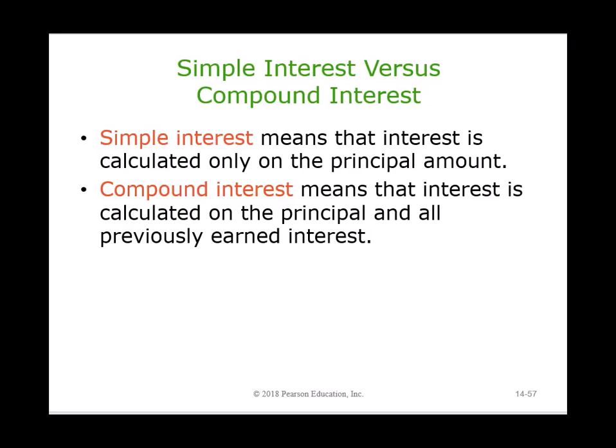All right, now in your book, you're going to learn about simple interest versus compound interest. I'm not going to focus too much on simple interest because you're rarely going to see simple interest used. Compound interest applies on essentially everything. Compound interest simply means that interest is always computed on the ending balance. So let's say that we're talking about an investment.